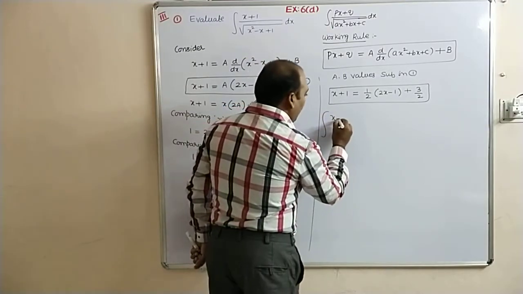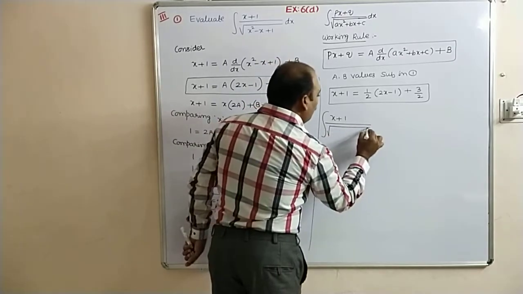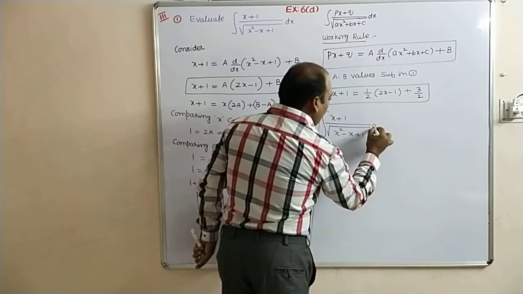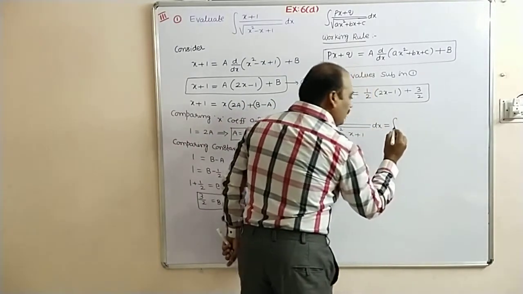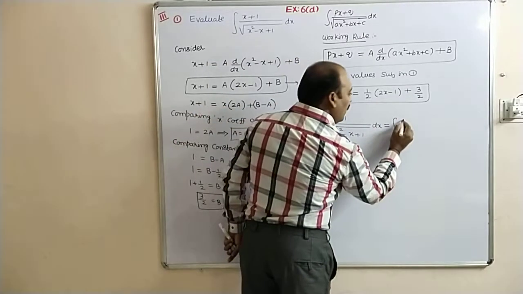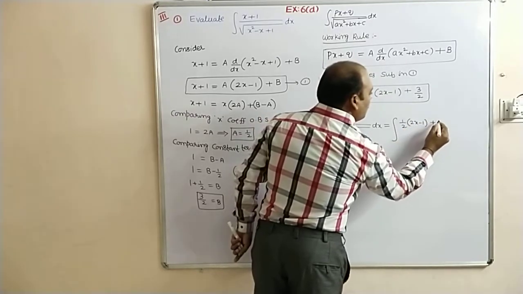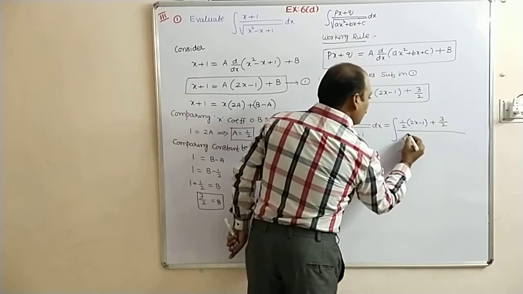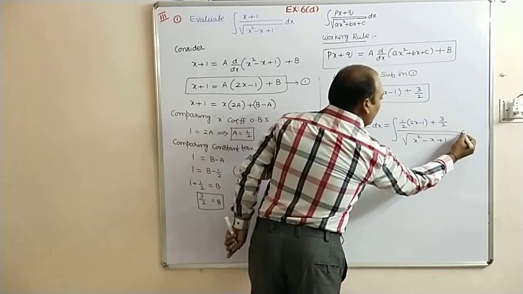Integral (x plus 1) divided by the square root of (x square minus x plus 1) dx is equal to the integral where, in place of x plus 1, you have to replace this value: 1 by 2 into (2x minus 1) plus 3 by 2, whole divided by the square root of (x square minus x plus 1) dx.